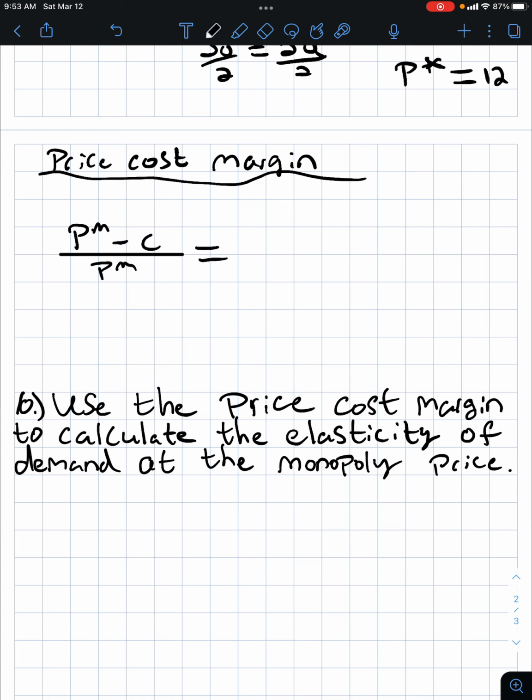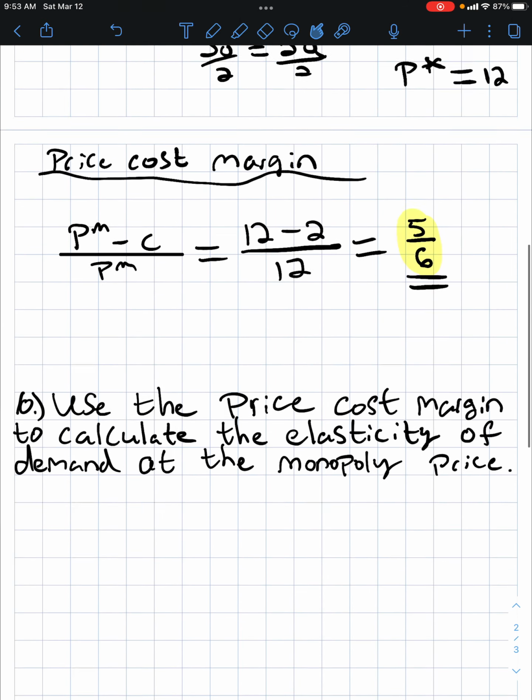So this is equal to 12 minus our marginal cost of 2, divided by 12, which is 10 over 12, or 5 over 6. This is our price cost margin, and that is the solution for part A.